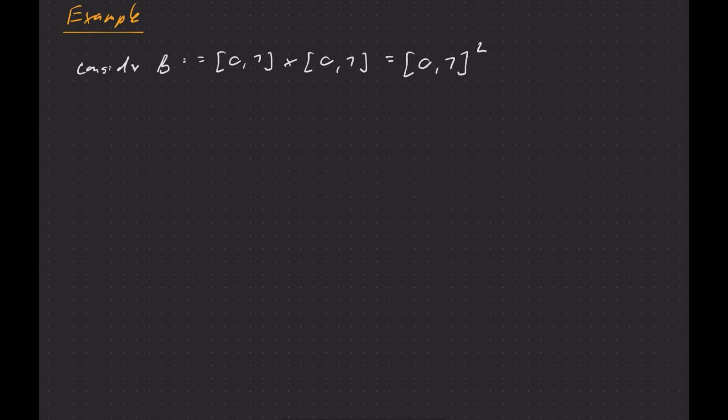And we consider a function on that box to the reals defined as f of (x1, x2) equals 2 minus x1 minus x2. So a pretty simple function. This function is obviously continuous, so it is Riemann integrable by what we know already.